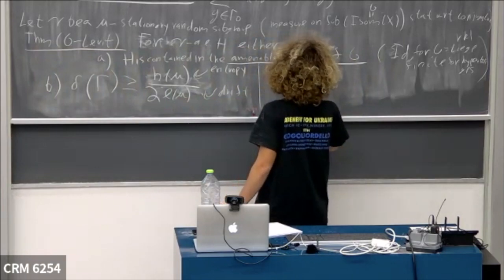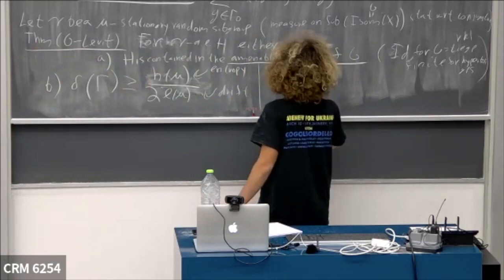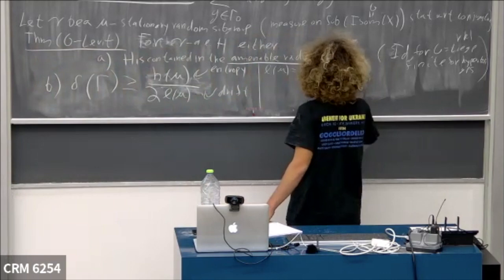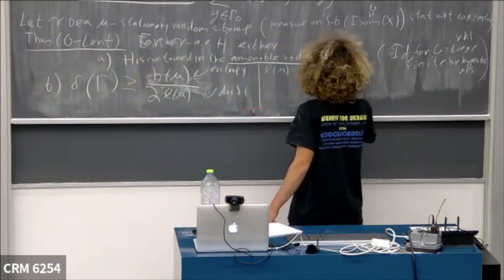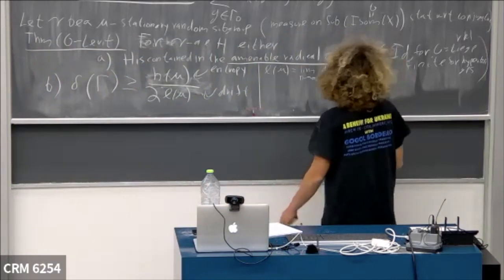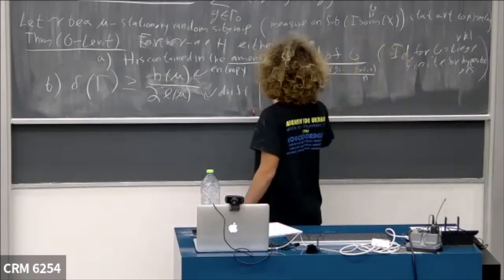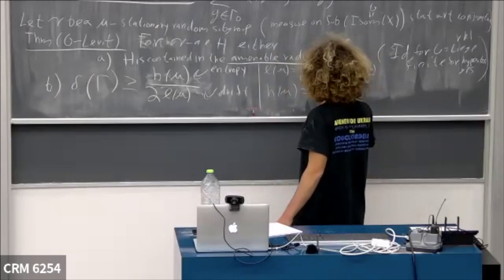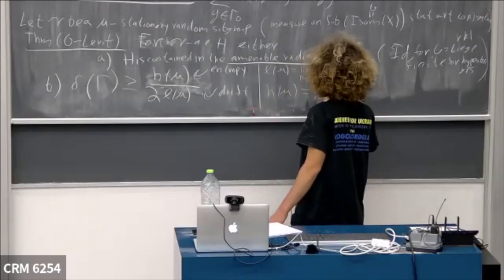It's the limit as n goes to infinity of the distance, and h of mu is a measure of complexity of convolutions of this random walk.